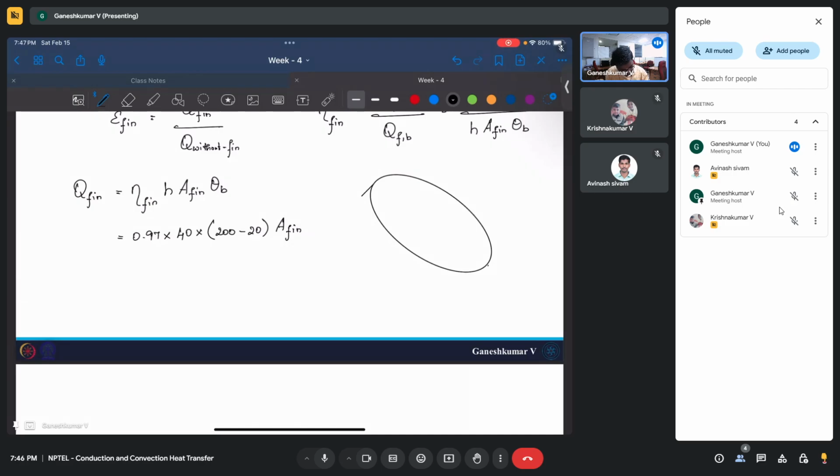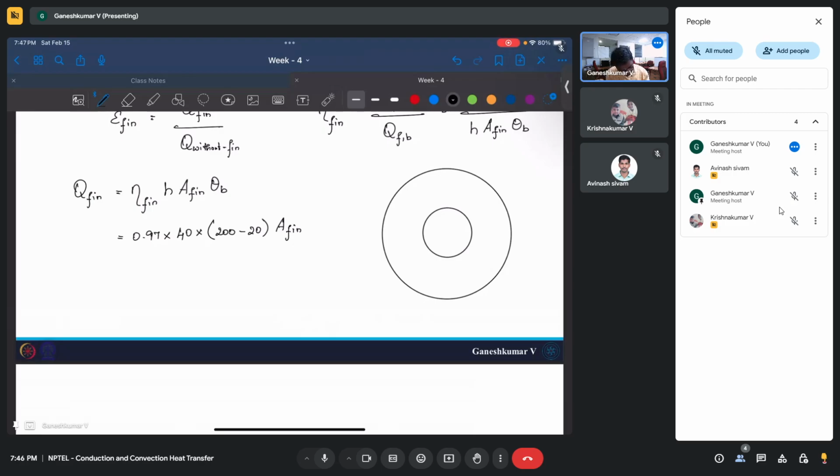So I am drawing a little elliptical here. Oh, I don't know how to draw this. So this is the top view of the fin.